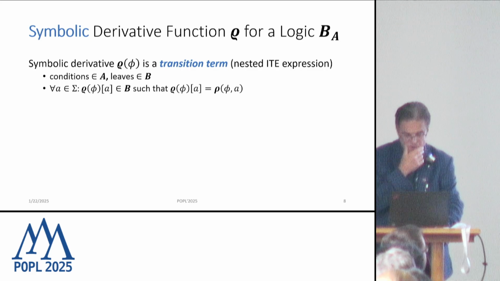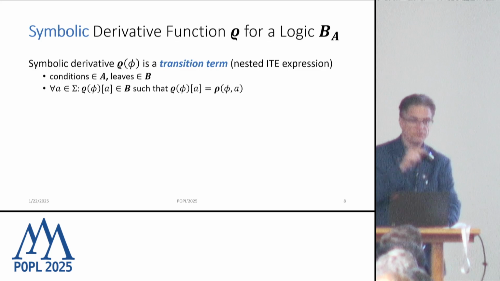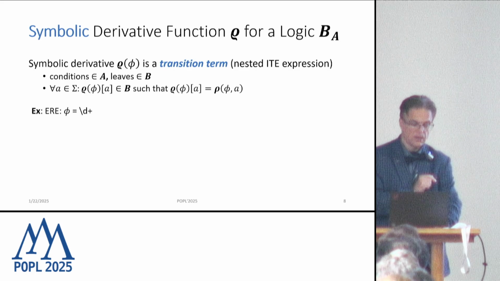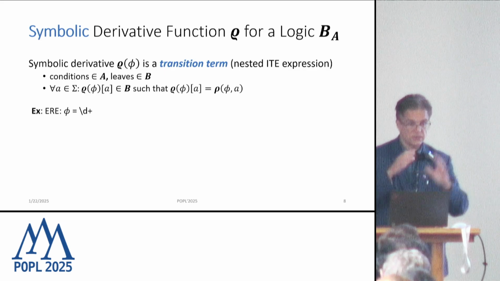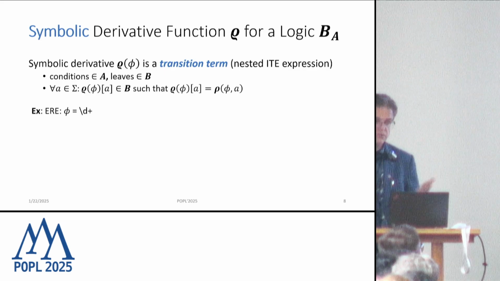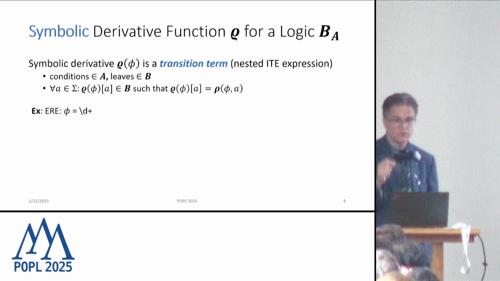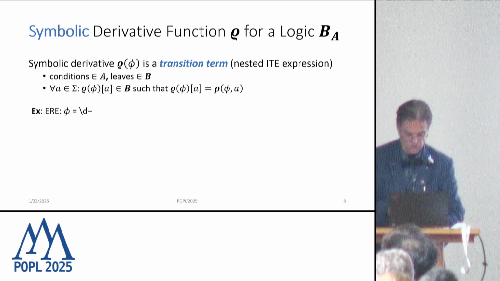So symbolic derivative of a logic now is essentially a partial evaluation of the concrete function with respect to a given formula. Again, note, for all elements, the term that is created is an if-then-else term, a nested if-then-else term, so that if you apply it to the element, it evaluates to what the concrete derivative function would do.